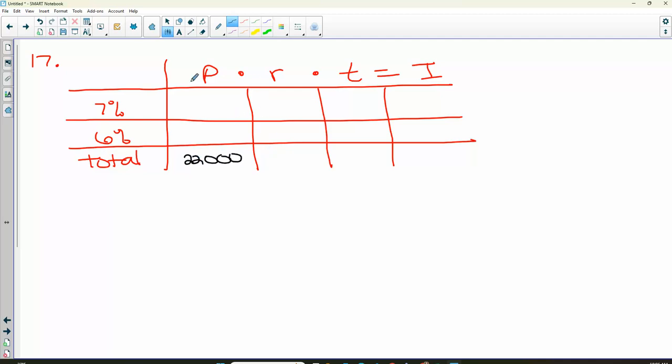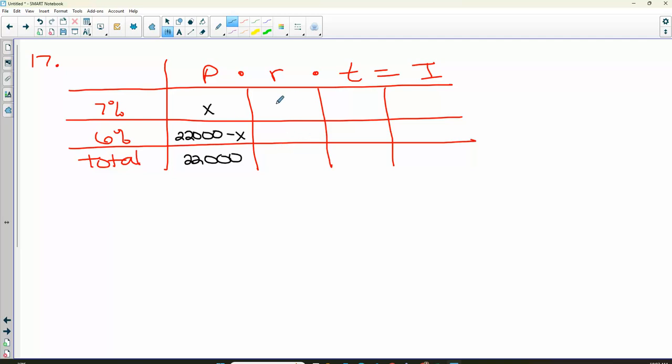Some of it at 7%. I don't tell you how much, so what do we call it? X. And some of it at 6%. I can't just call both of these X because it's not the same. If I had 22,000 and I took away 2,000, how much would you have left? 20,000. How'd you get that? Close. 22,000 minus X. The total minus the amount we already spent.